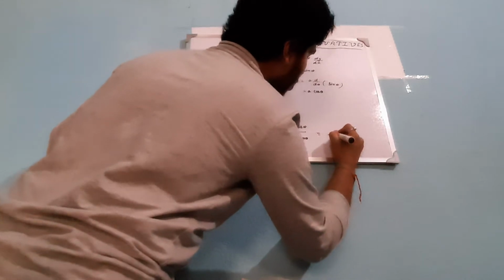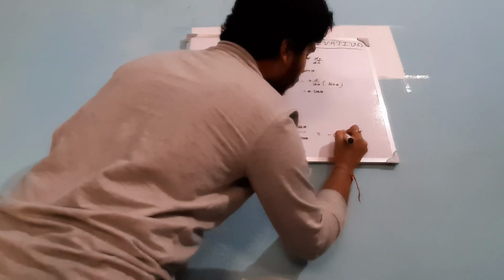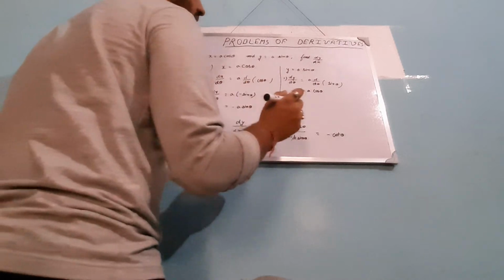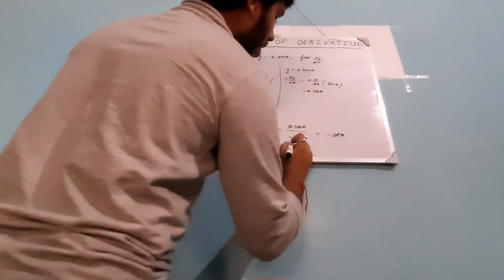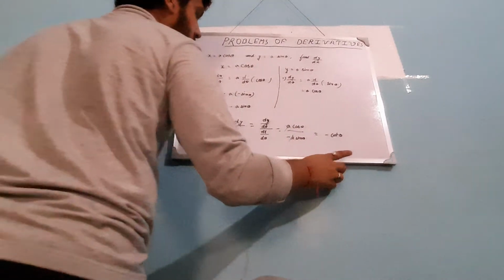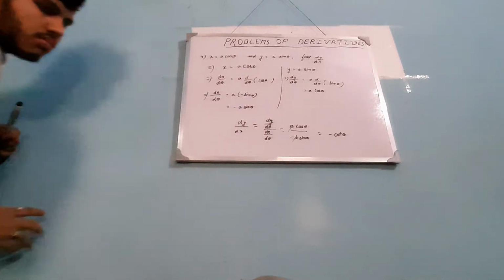So minus cot theta. You know the trigonometry formula: cos theta by sin theta means cot theta. So it is minus cot theta. It is the answer, dy by dx. So note this problem, friends.